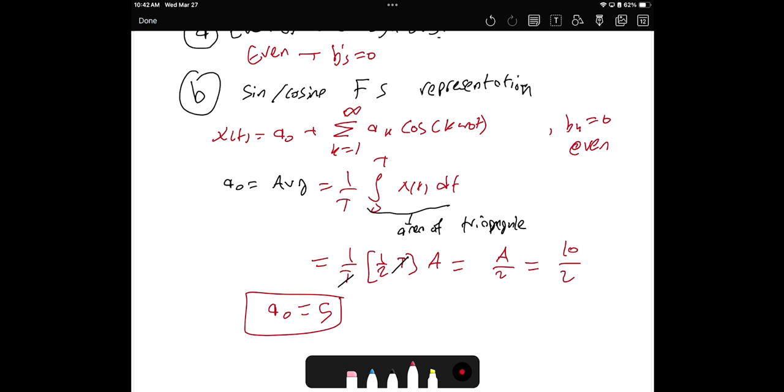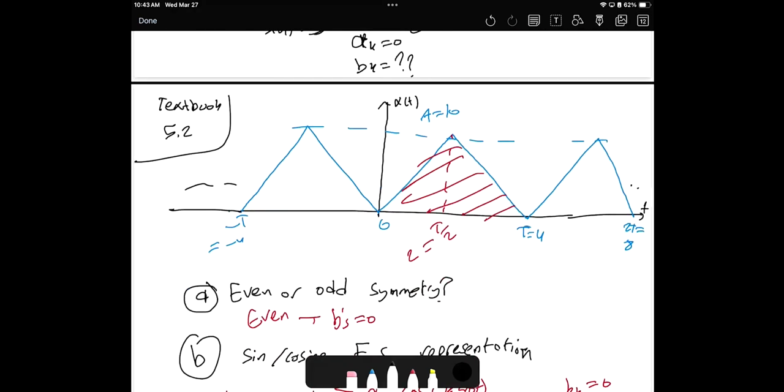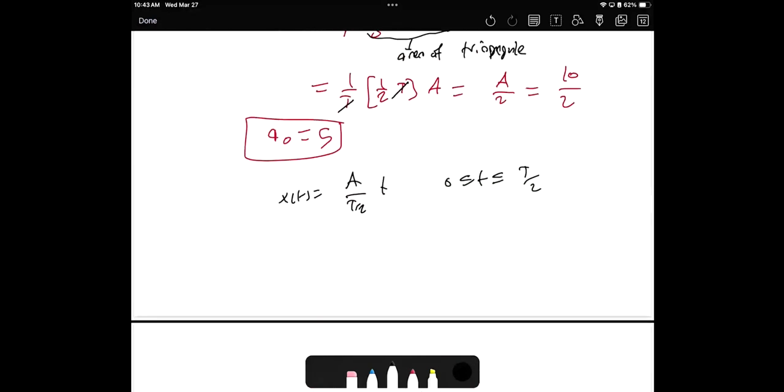Or you can do the integration, going from 0 up to T over 2 as it linearly goes up, then as it linearly goes down. So basically, you can denote x of t as A over T over 2 times t when you have 0 to T over 2, taking the slope of this half cycle. Then this is x of t.